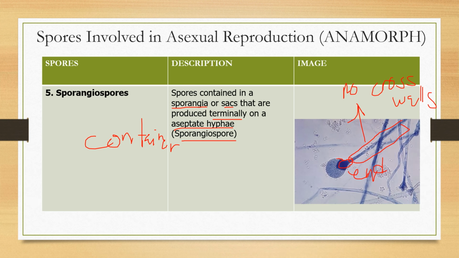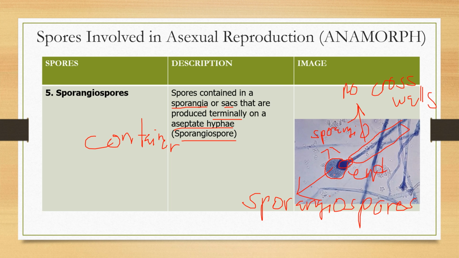This balloon-like structure that you see is known as your sporangia. And inside that sporangia, you can find the sporangiospores. The small circular structures inside, those are the sporangiospores.